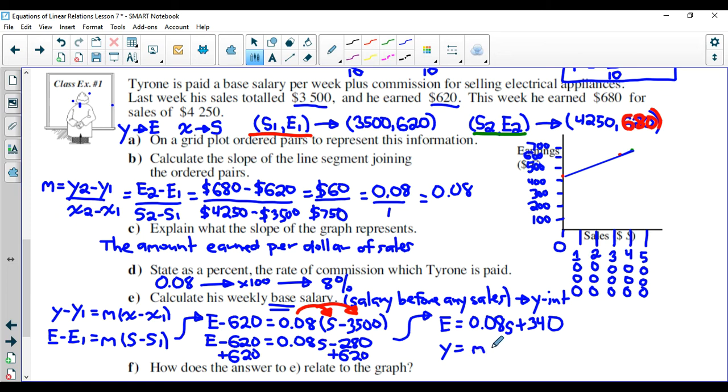So again, this is now in the form y is equal to mx plus b. And we said the y-intercept is the base salary. So I can say here the base salary is equal to the y-intercept, which is $340.